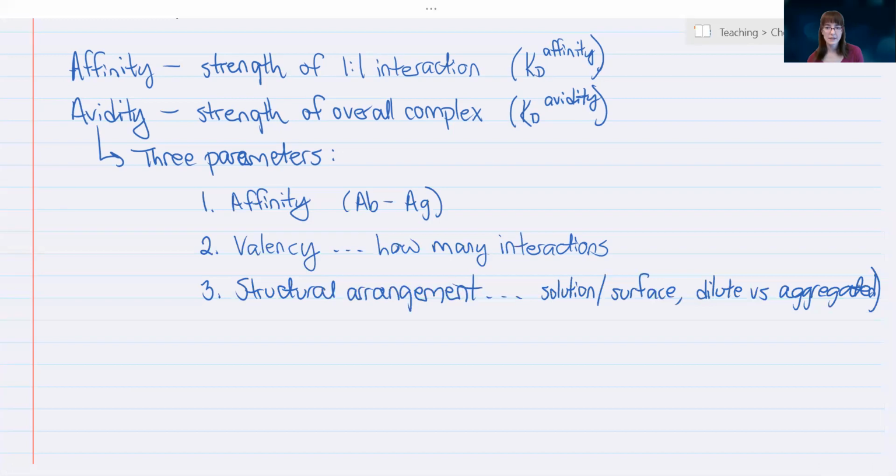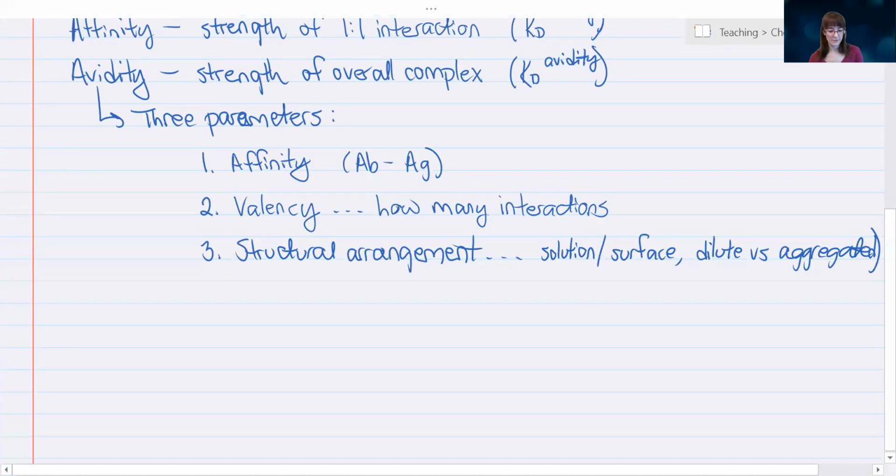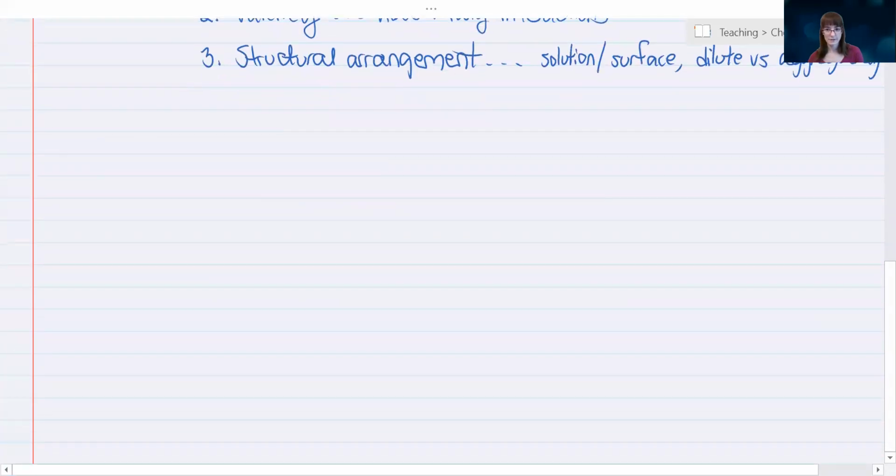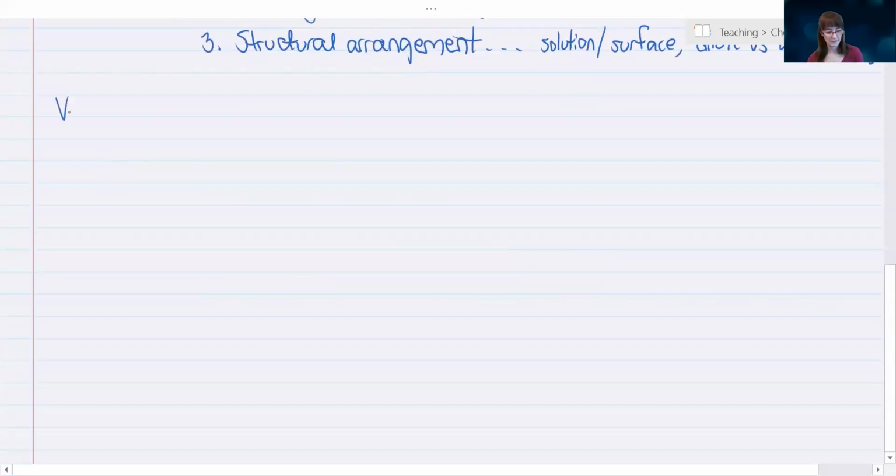We've already extensively covered in the prior videos what we mean by affinity. And so today I'm going to focus on valency and structural arrangement and how those play out in terms of avidity. All right, so let's start with valency. What we really mean here is the number of binding sites per molecule.